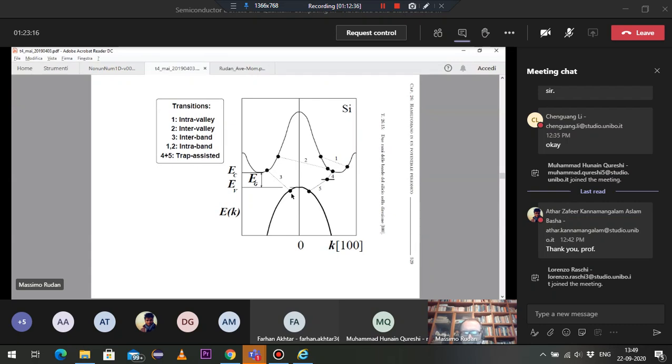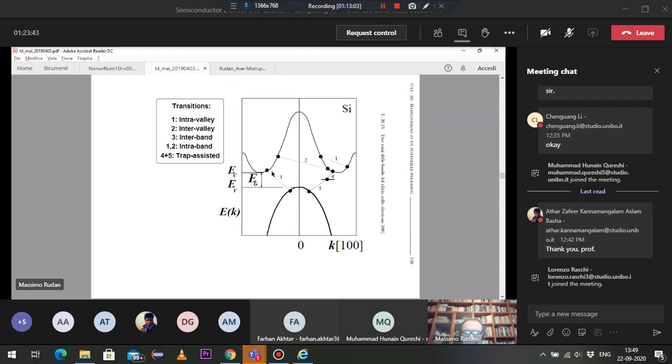So the final situation is that after this transition, there will be one electron more in the conduction band and one electron less in the valence band. This is obvious, okay? And the absence of an electron in the valence band is called a hole.